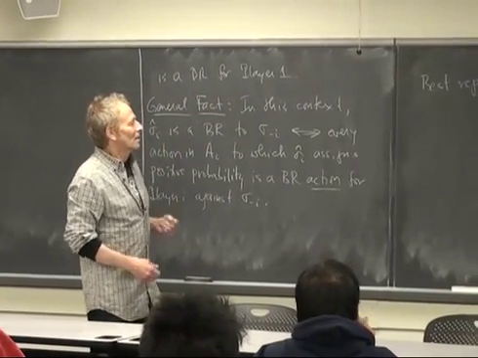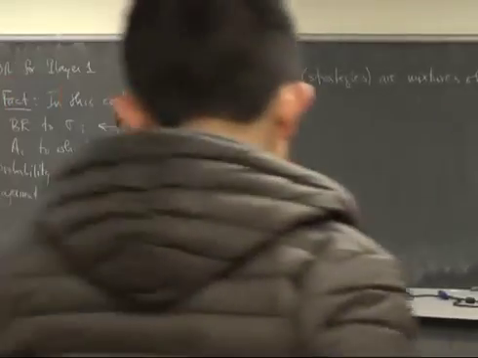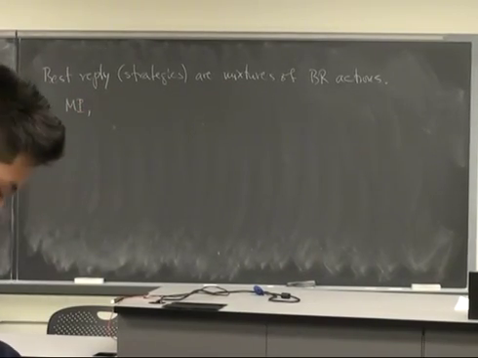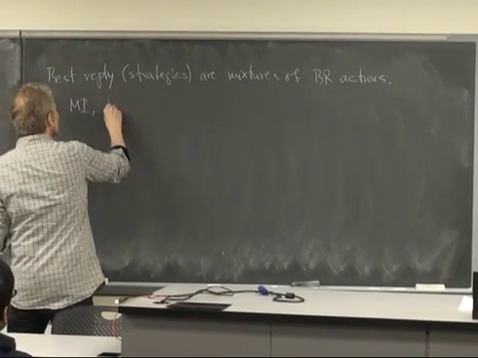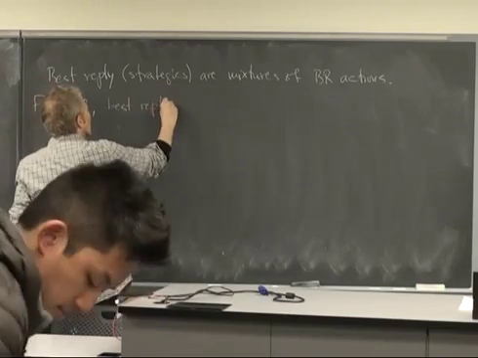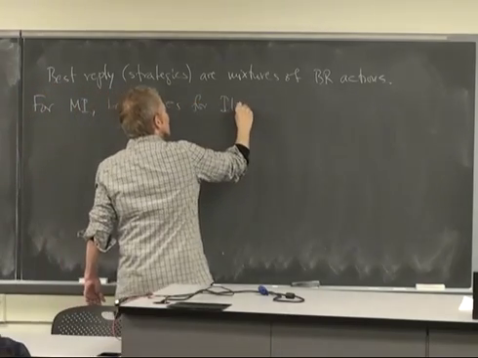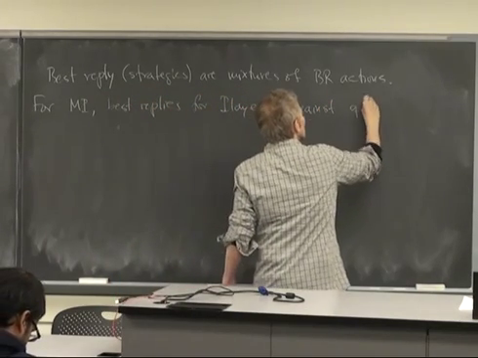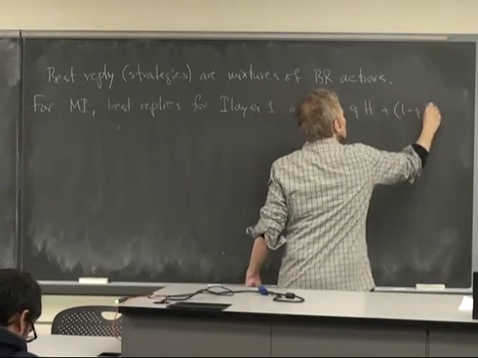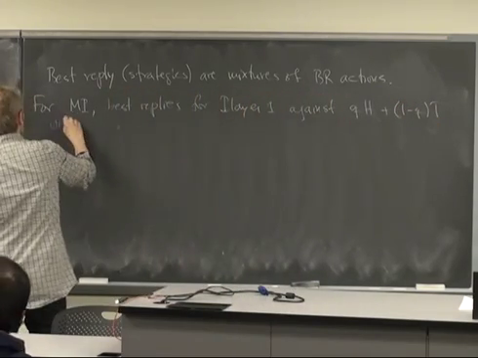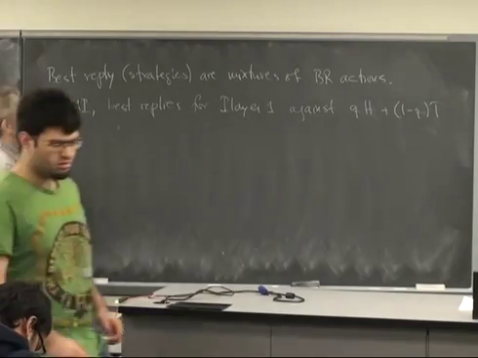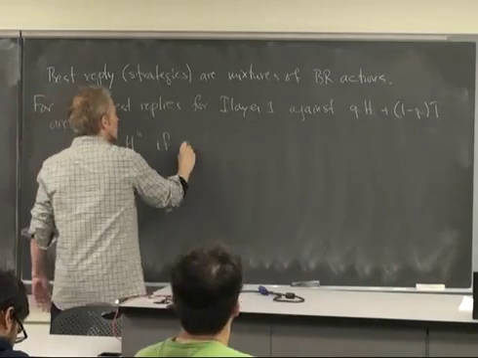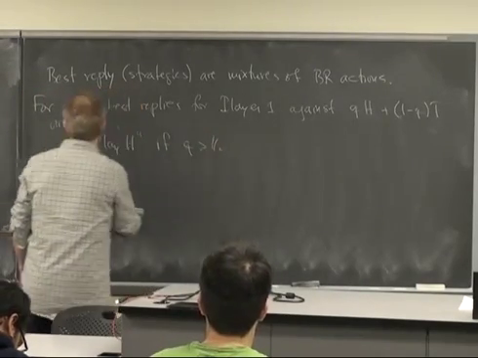It's nerd speak. Okay. Quickly, for the other two example games, for matching pennies, the best reply strategies. The best replies for player 1 against opposition Q H plus 1 minus Q T are: play H if Q is bigger than 1/2.